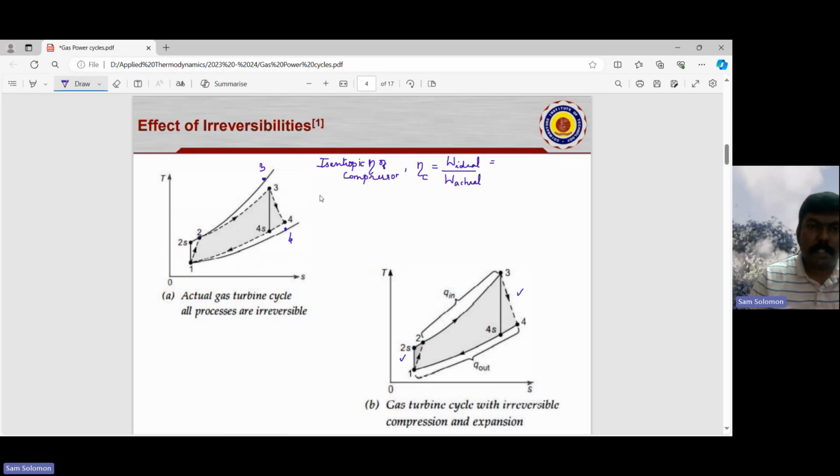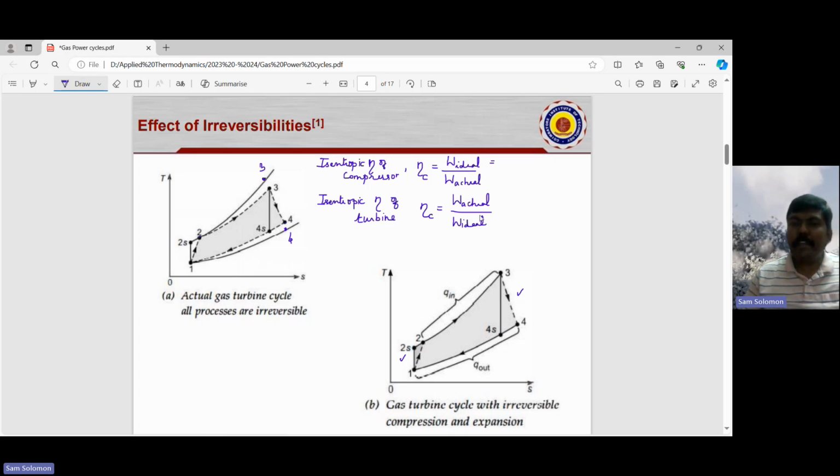Since we have started it, let's also look at the isentropic efficiency of the turbine here. What is the deviation of this work output with reference to the irreversibility? Your W actual will be lesser than the W ideal in case of work delivery.